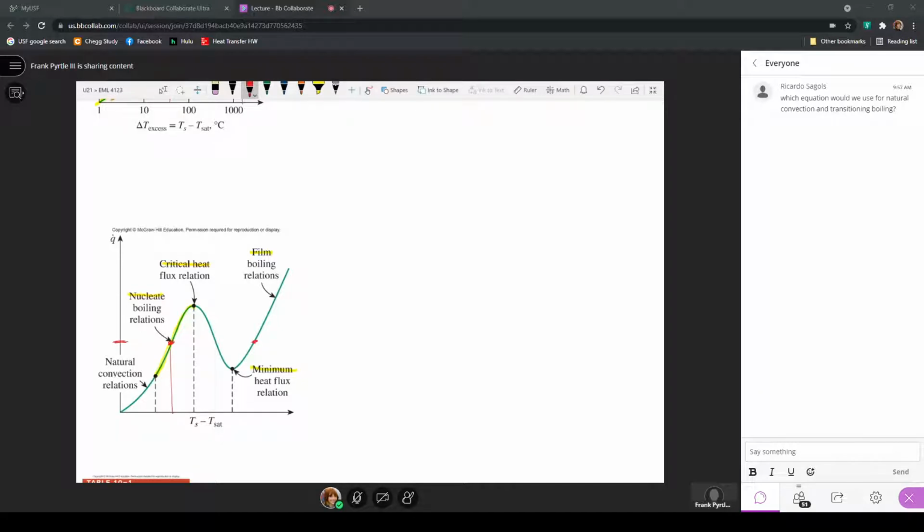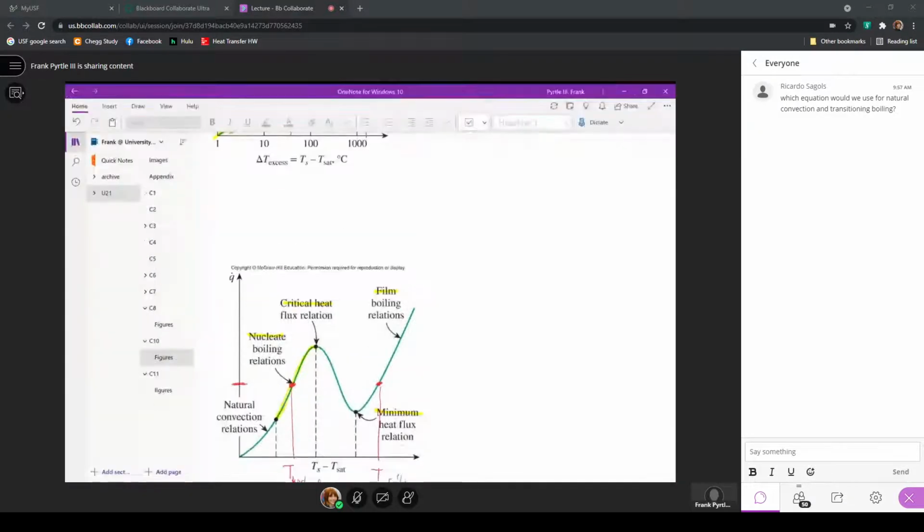This is accomplished at a much lower temperature, T1, or let's say T nucleate. And here, this would be associated with film boiling. So the excess temperature required to get the same heat flux during film boiling is much higher than compared to this heat flux in the nucleate pool boiling range.